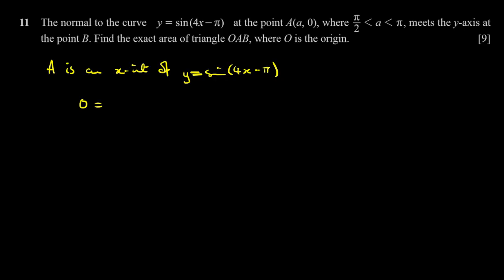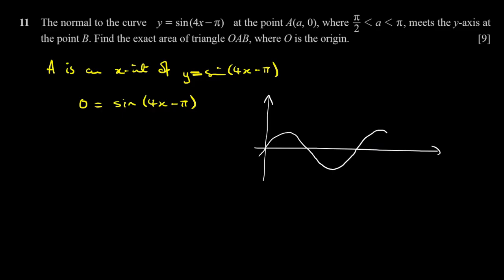If we do that, we get 0 is equal to sine 4x minus pi. If we know anything about the sine curve, if I was to sketch out the sine curve for you, very rough and in brief, where is the sine curve equal to 0?